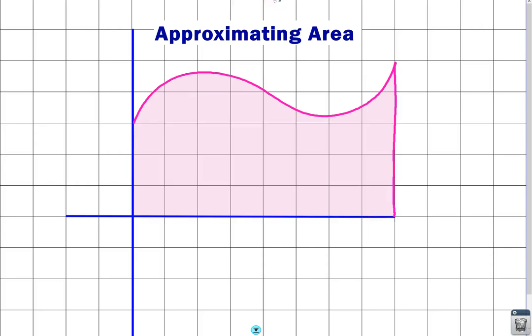What other people said they could do was, I want to make it a little bit more accurate. So we keep the big rectangle like we had before, but then let's break this up into smaller pieces.